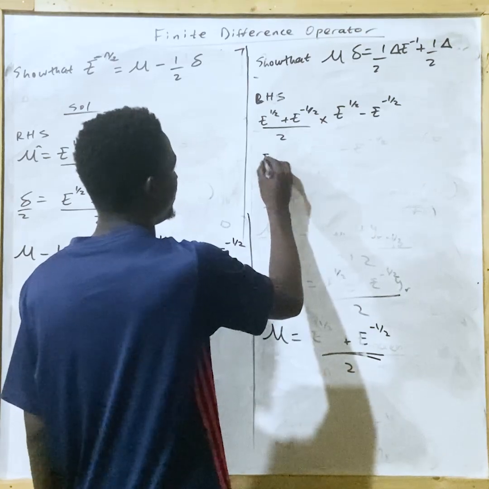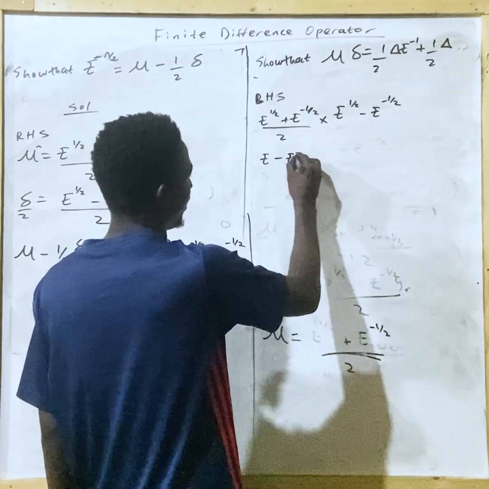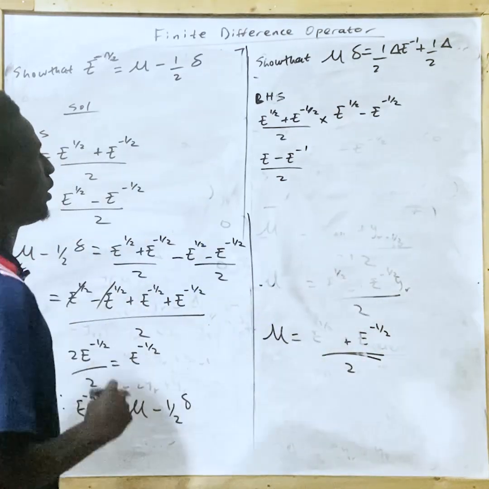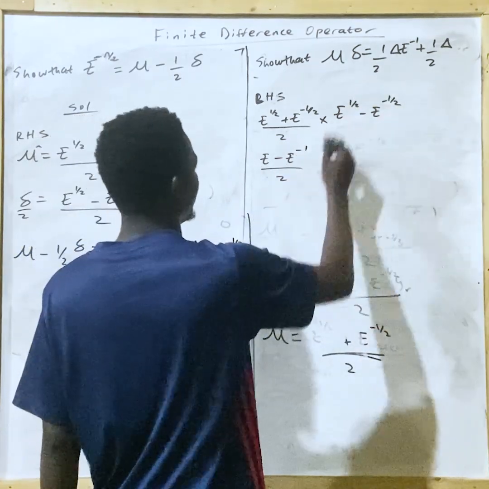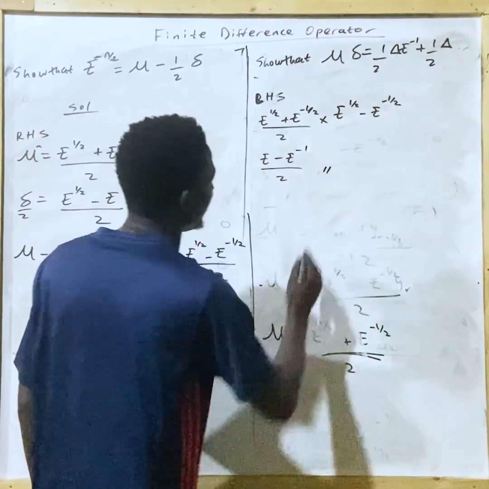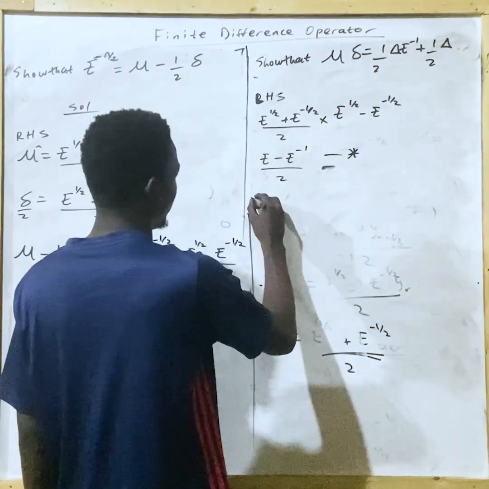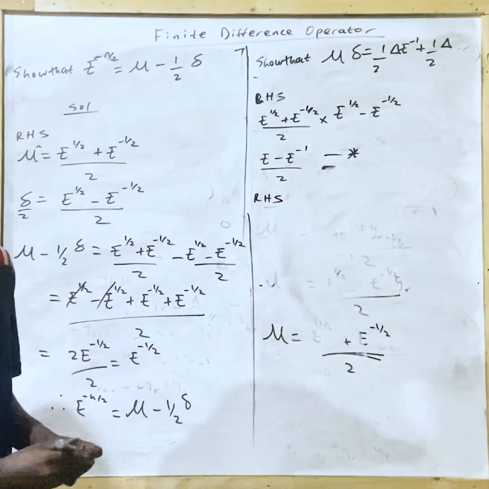So I have E, and I have minus E raised to power minus 1. I want to successfully prove that this should be equal to this. Let me stop here for my left hand side and proceed to my right hand side.